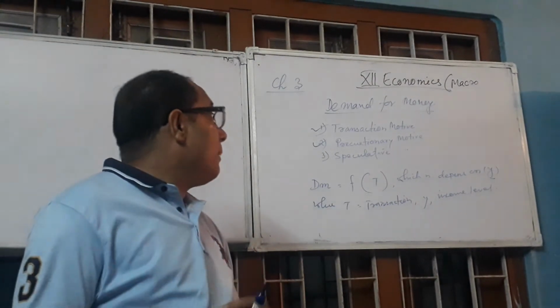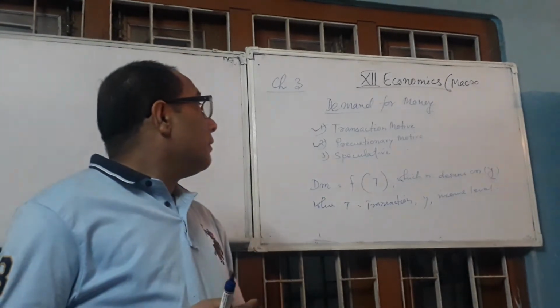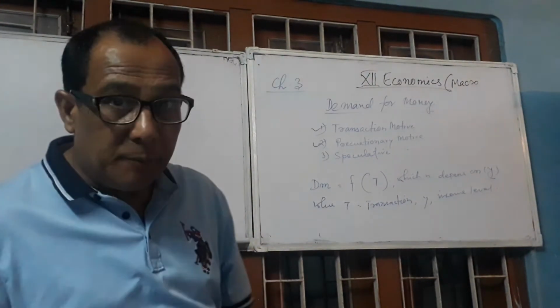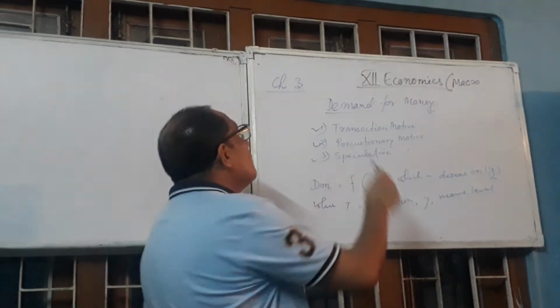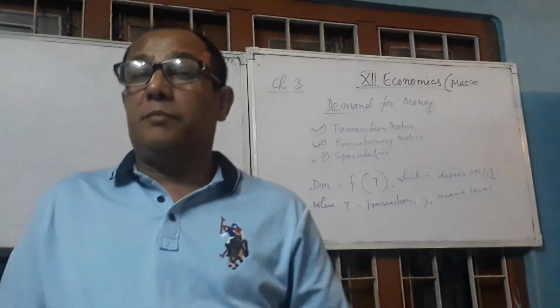So money demanded for unseen problems is known as demand for money in the precautionary motive. You have understood with an example. The last one is the speculative motive.